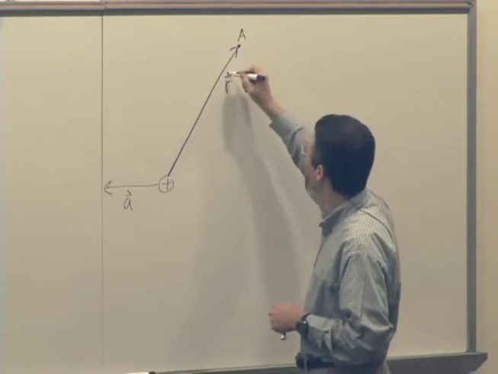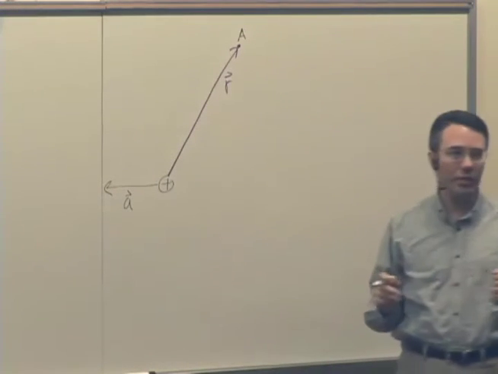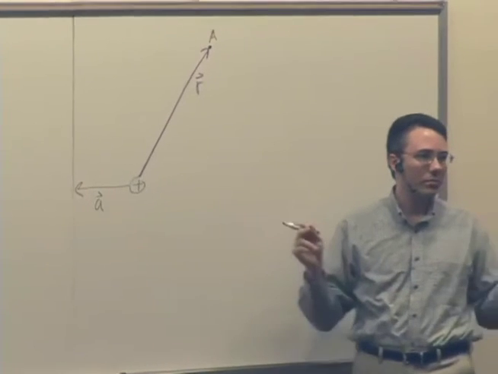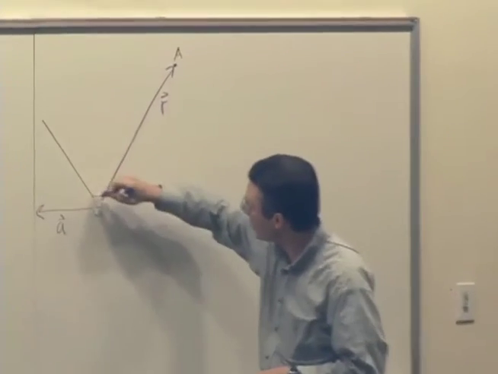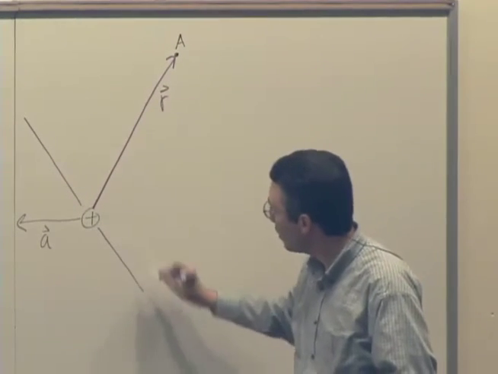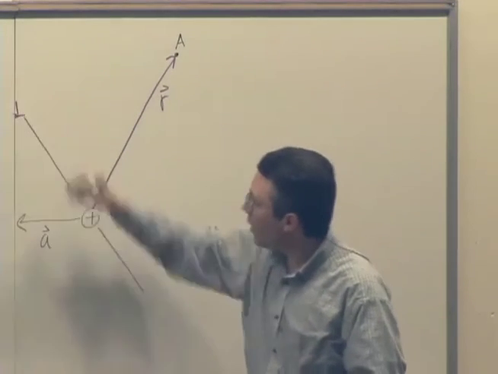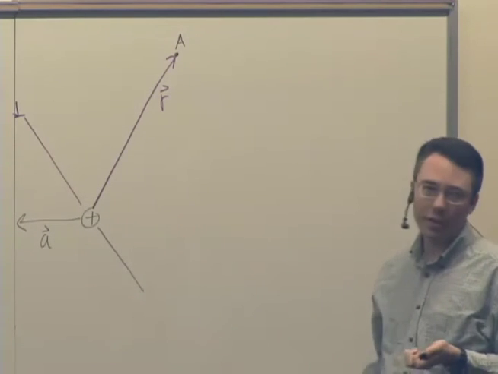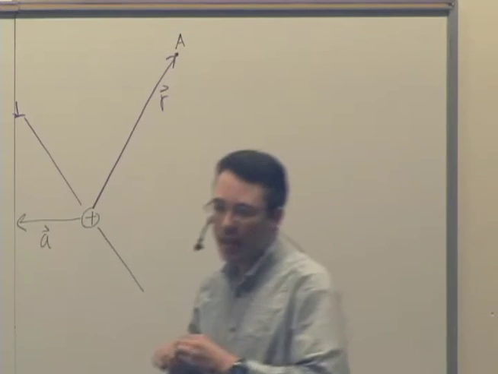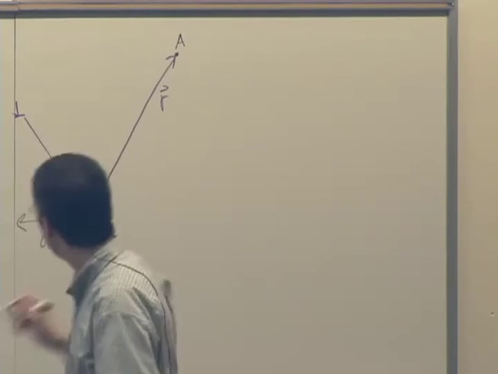There's R. The next thing you do is draw the perpendicular axis, which is that way. So the perpendicular component of the acceleration is going to be in direction 8.